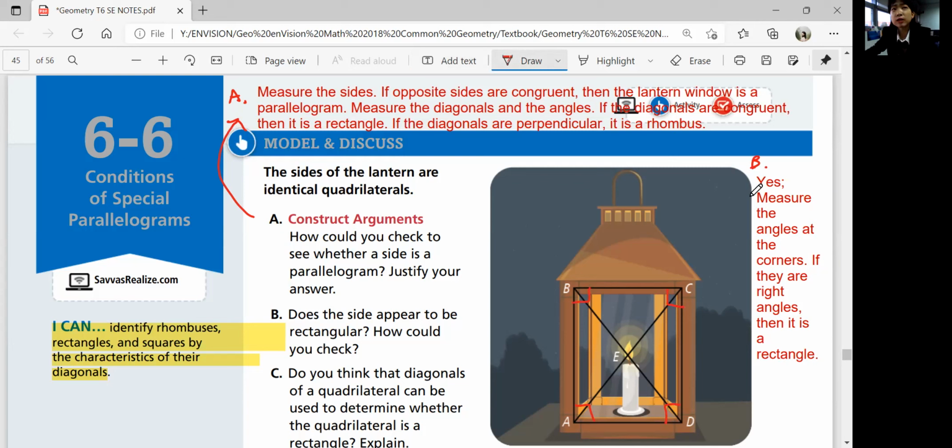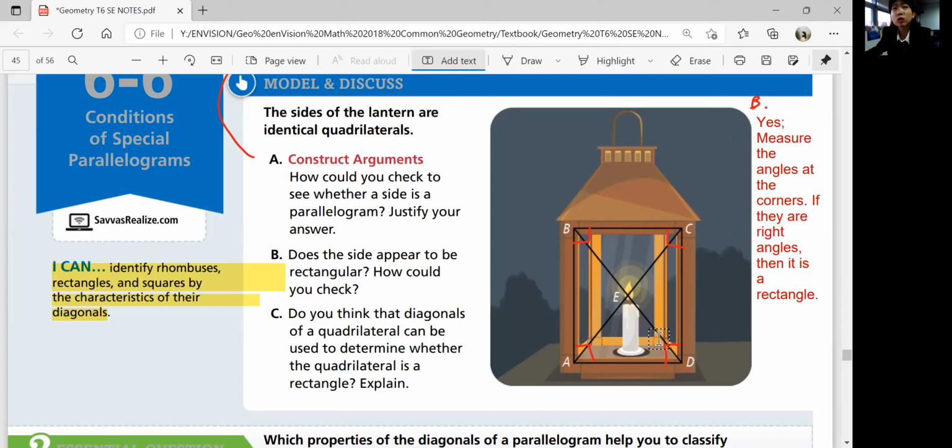If the diagonals make right triangles here and here, you can prove the triangles are congruent, and then you can say the parallelogram has right angles and it's a rectangle.